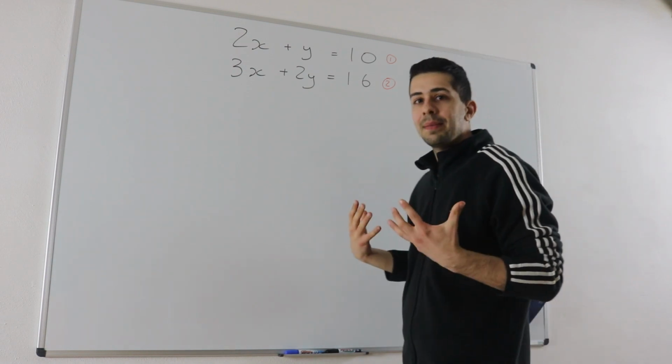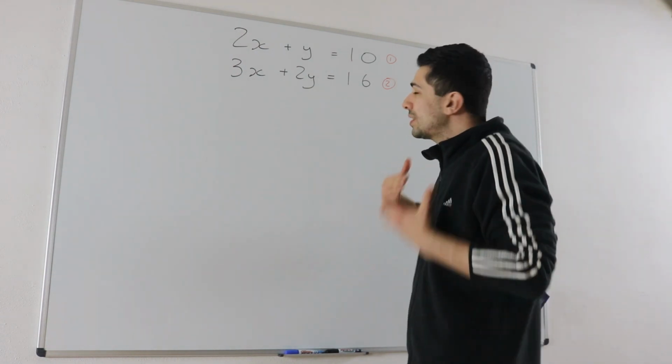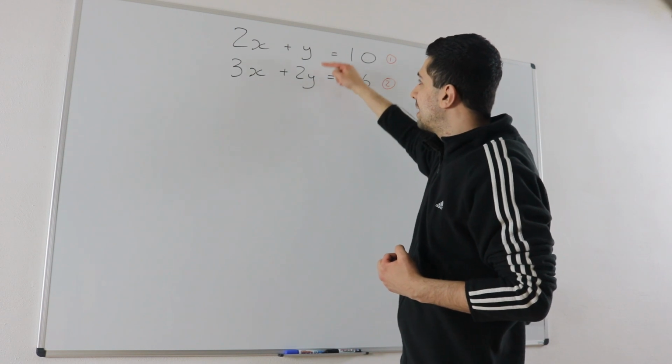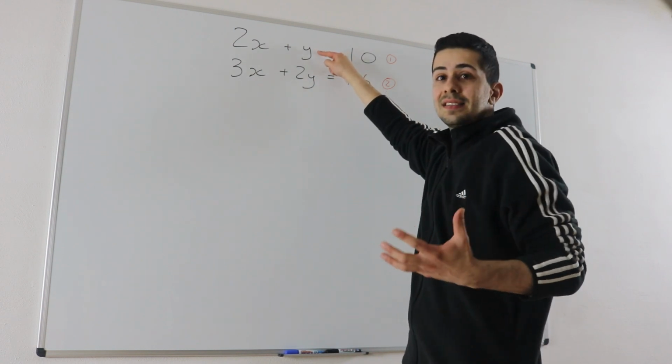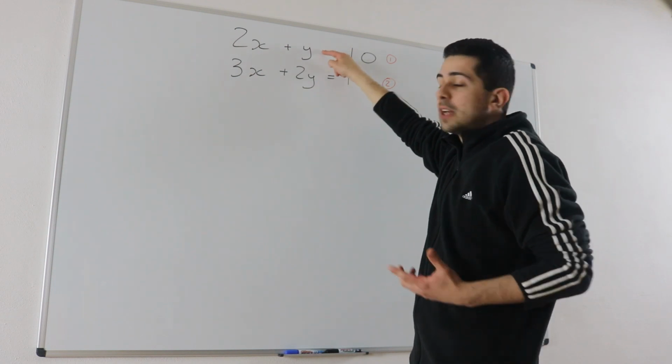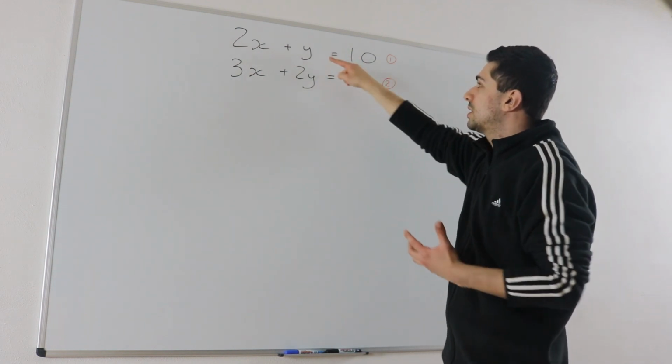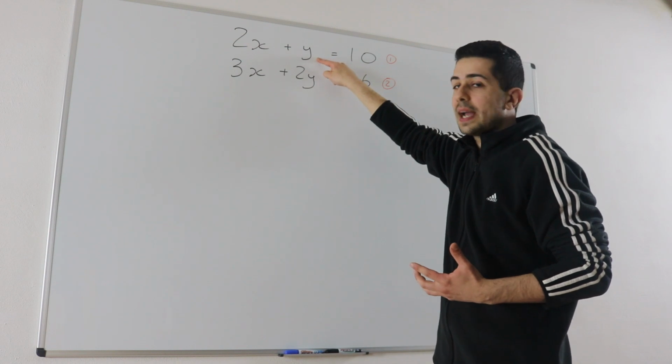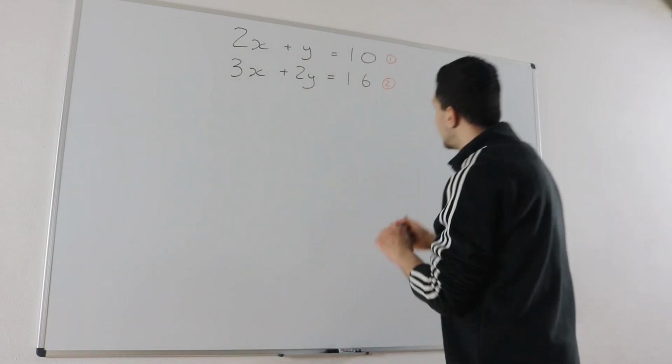So in order to eliminate one of the unknowns, what I will try to do is get them to be the same. So in this case, I have 2y and I have y. So in order to get the first equation to have 2y over here, I will multiply it by 2.